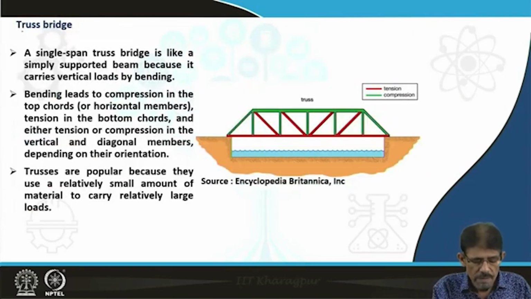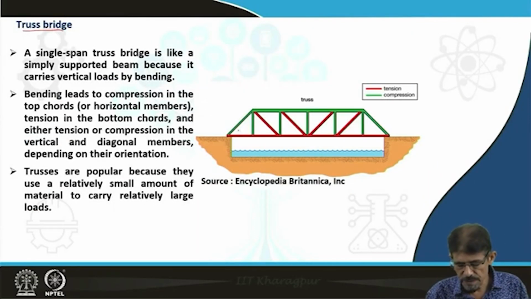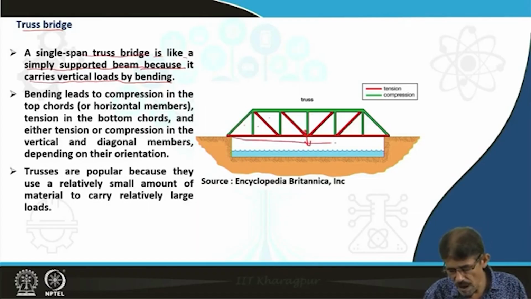Another type of bridge is the truss bridge. Due to the construction of such a truss structure in the form of triangles, a single span truss bridge is like a simply supported beam, because it carries vertical load by bending. Here the vertical load of the traffic causes bending of this beam.